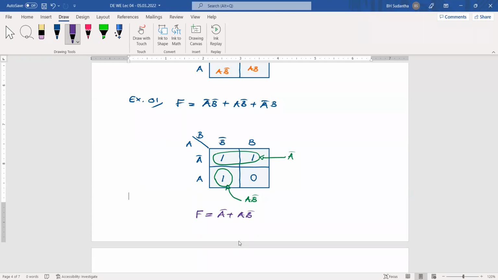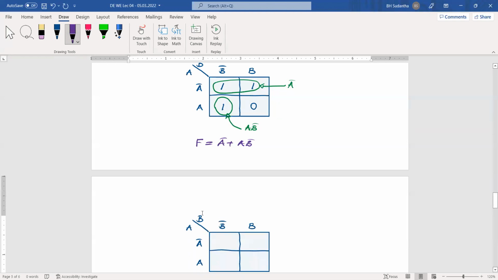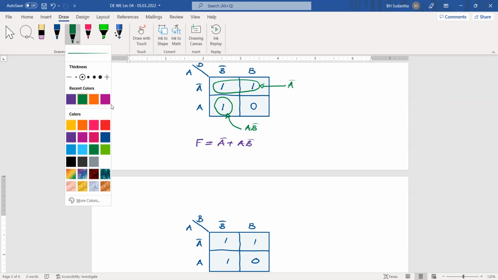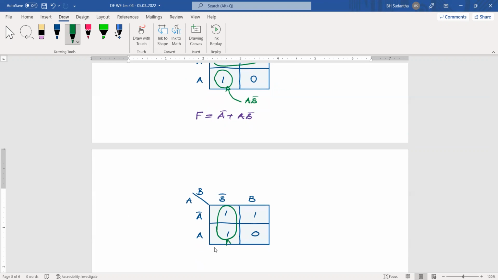But you can see here, we could make groups combining these 2 together. But what about if we make a group like this? Then can we give a name for this one?